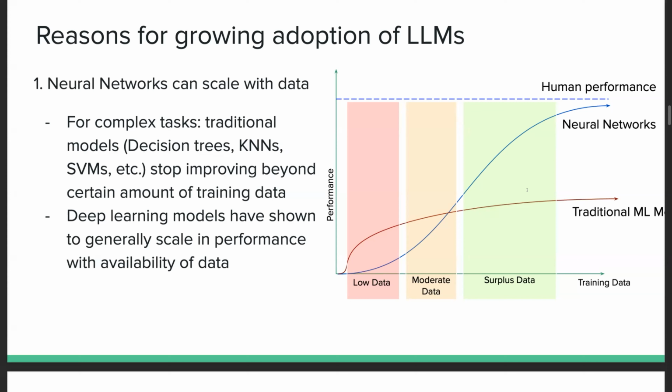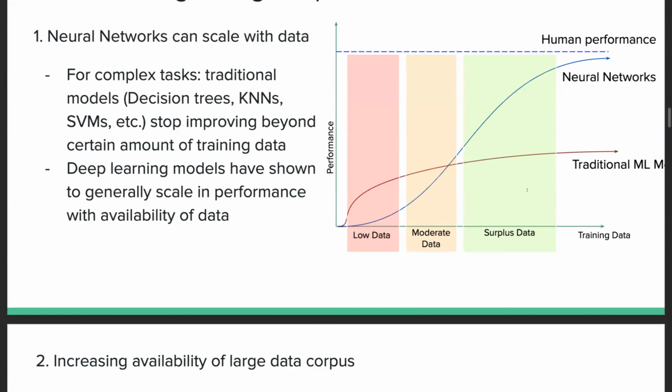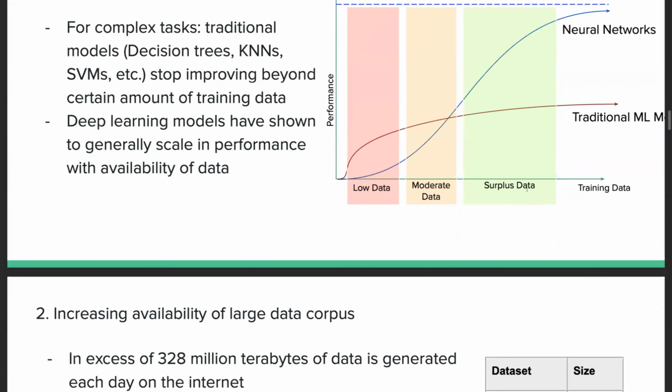Whereas with neural networks, you can essentially get better performance with more data in a lot of tasks, whereas the traditional ML models again plateau. And I'm sure some of you have also heard it said that neural networks are universal approximators, right? What that essentially means is that they can model any function, and with enough data, you would be able to train a good enough neural network for most tasks.